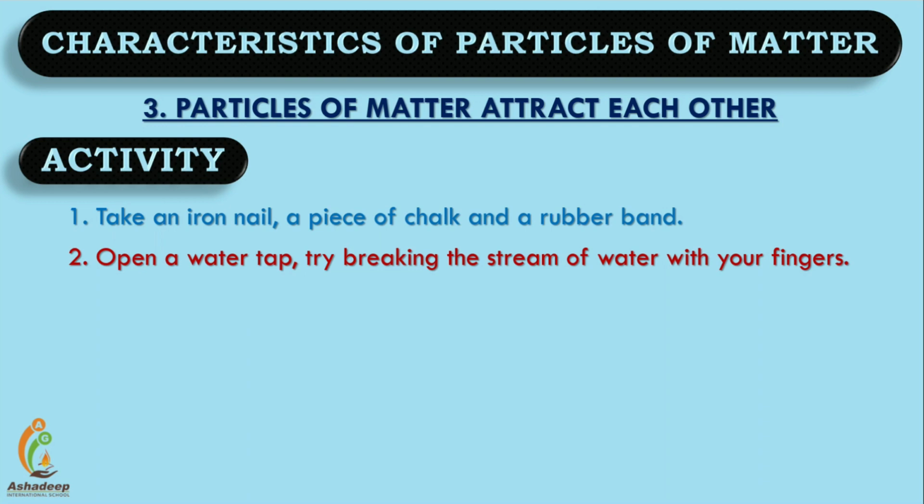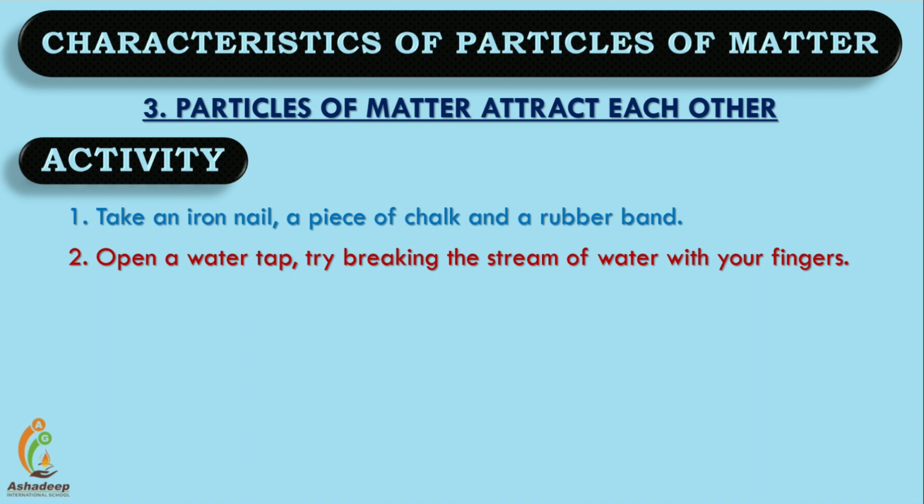When you hit with the hammer, you can observe that the iron nail has bent a little, but it has not broken. When you hit the piece of chalk with a hammer, it will break, and when you stretch the rubber band, it will get stretched, and after removing the force, it will again come back to its original position. In these three cases, you can say that the particles are attracting each other. In the iron nail, they have a strong force of attraction.